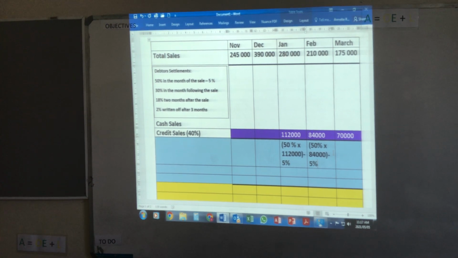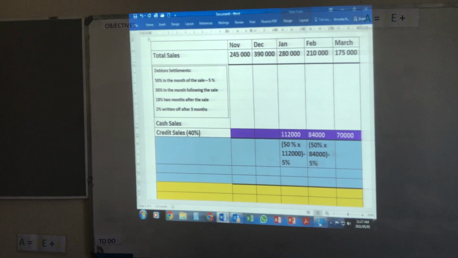Does it give you the same answer? No. No. And the reason is, who can tell me what the reason is? It's because it's not of that calculated amount, it's of the 84,000.